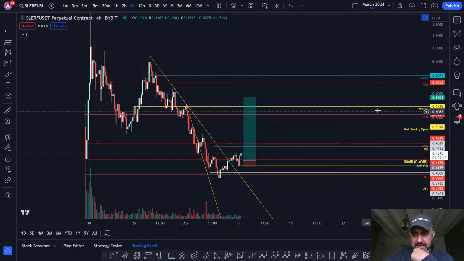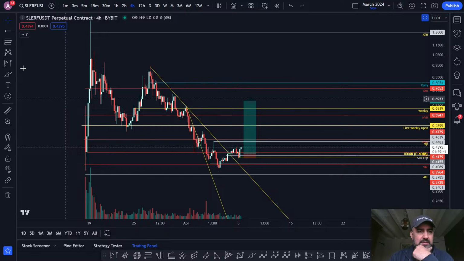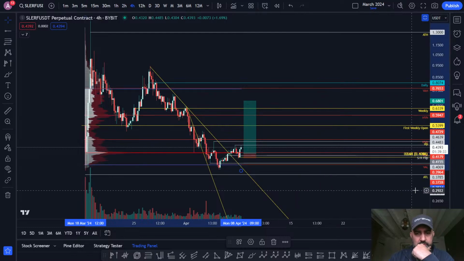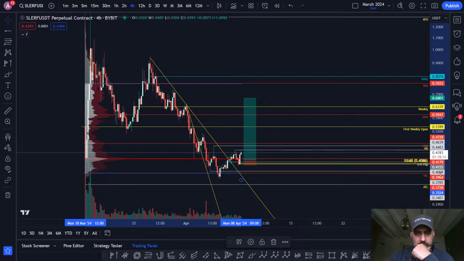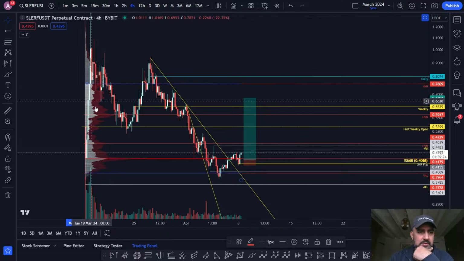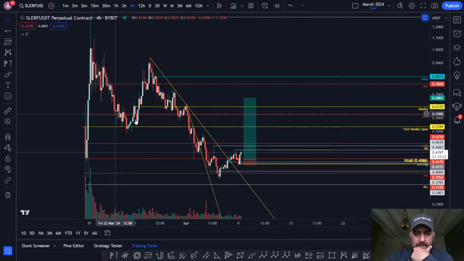So you'll see this high volume node. Actually, let me just update the volume. No change. Value area high is slightly lower. No real change.